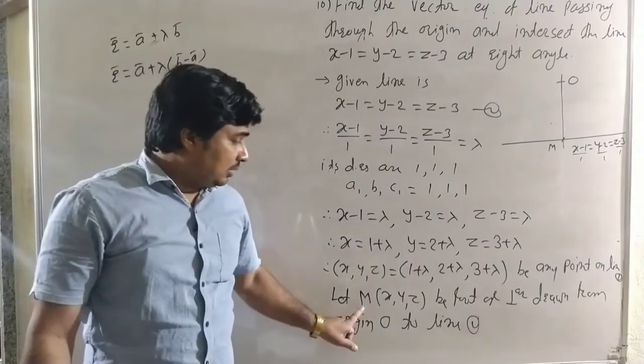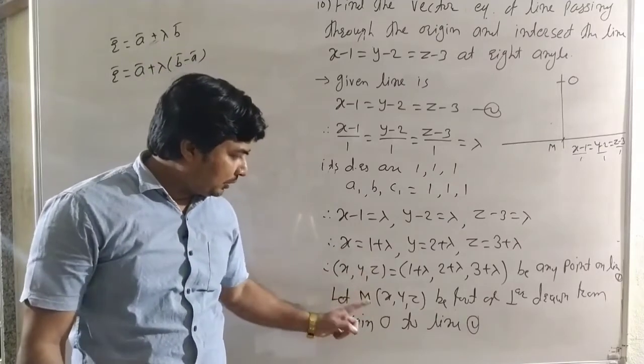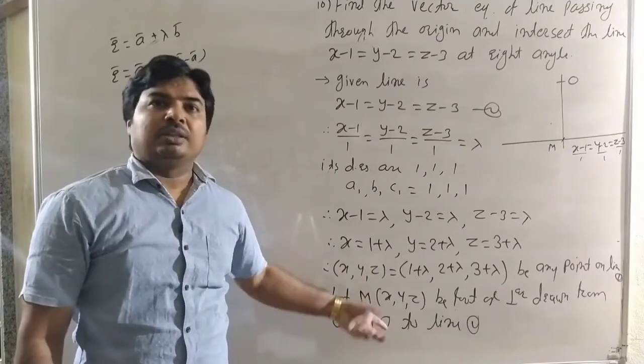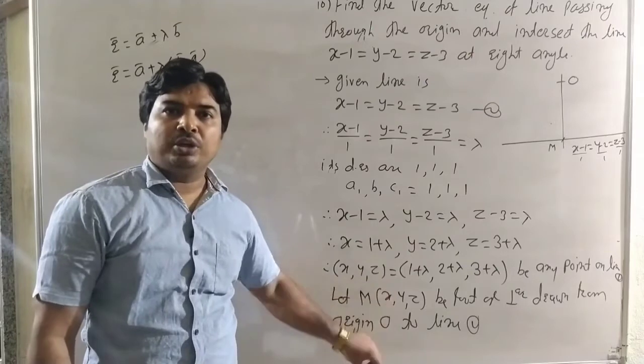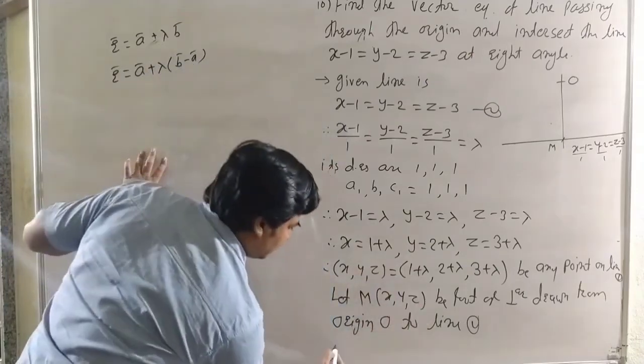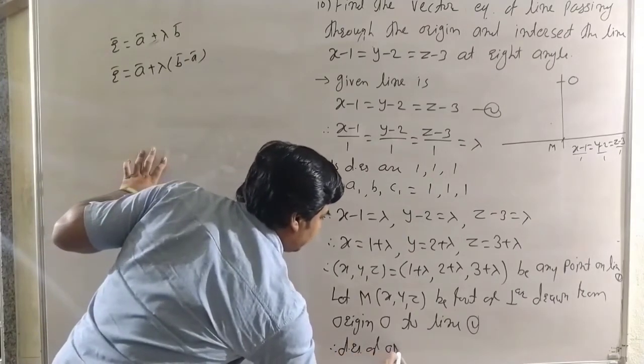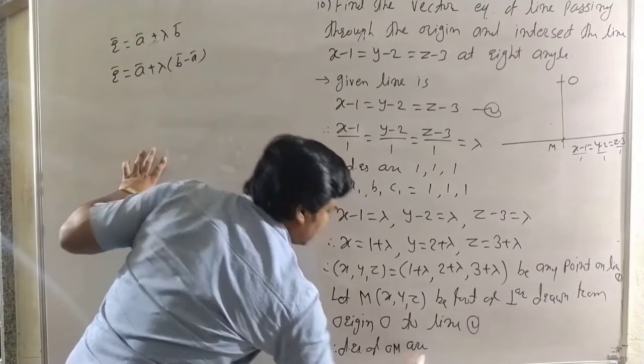Here M is the foot of perpendicular drawn from the origin. We want to find the coordinates of M, and then we find the equation of the line passing through points M and O. Therefore the direction ratios of OM are required.